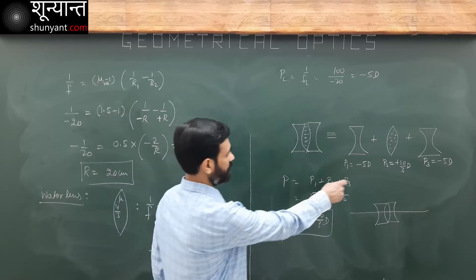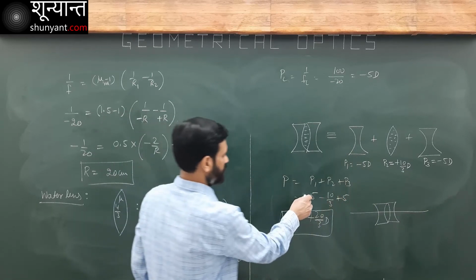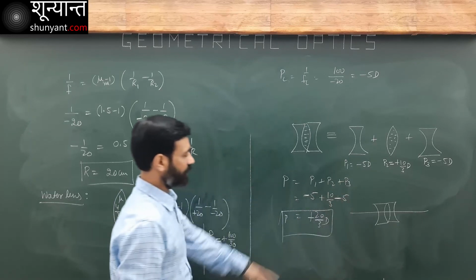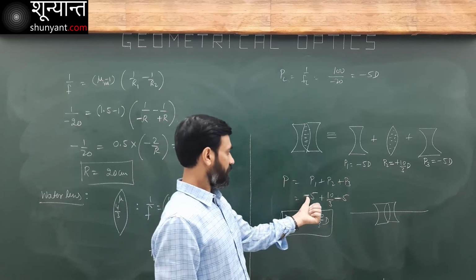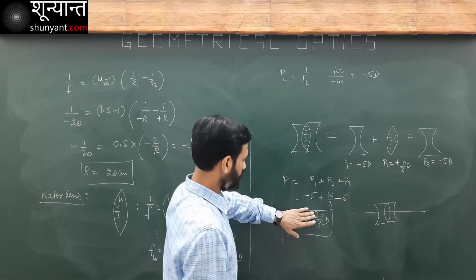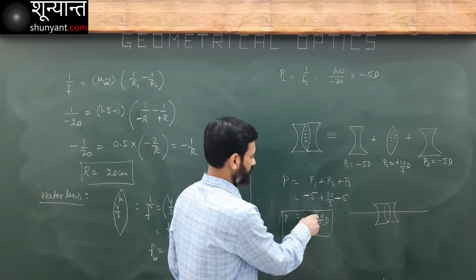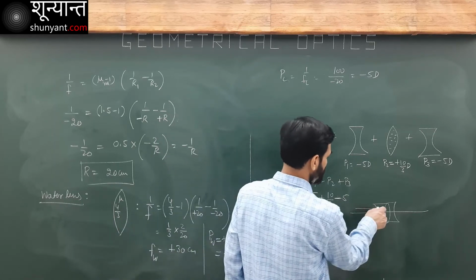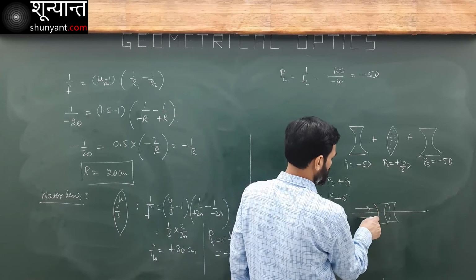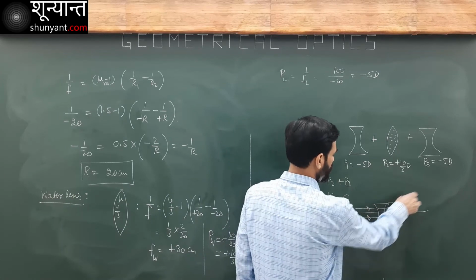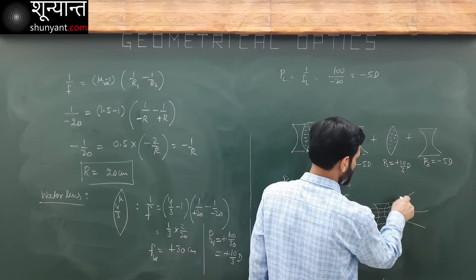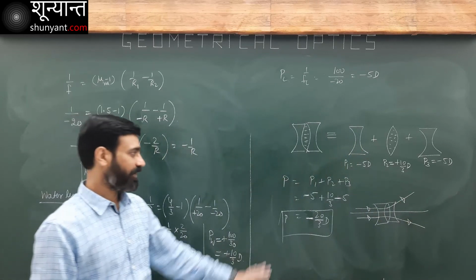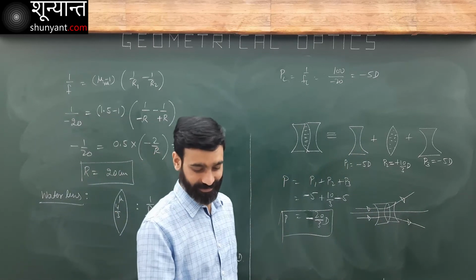This is minus here, plus here, minus here. It is going to be minus. So the combination behaves like a diverging lens. If incident rays fall on this system, they are going to diverge like this.